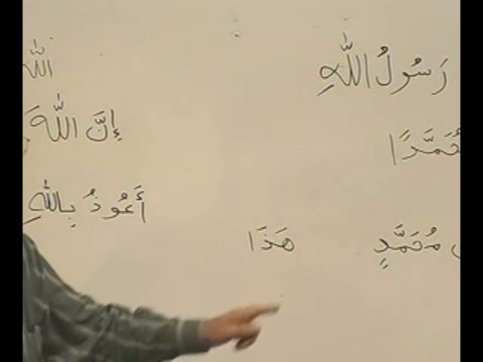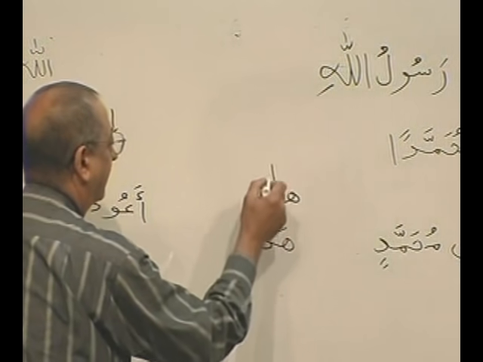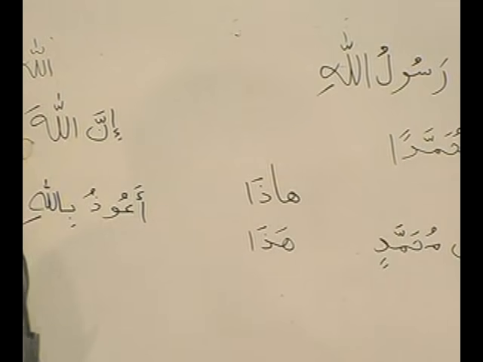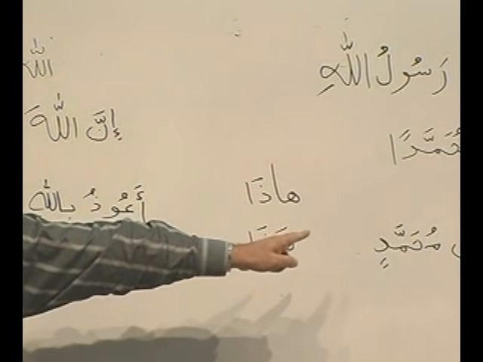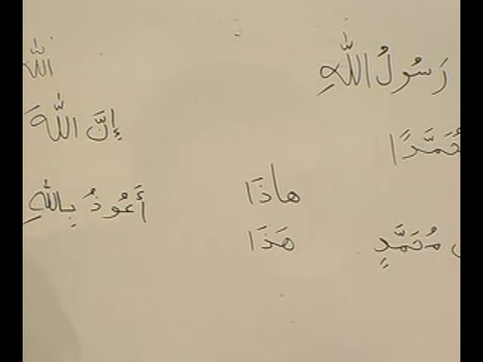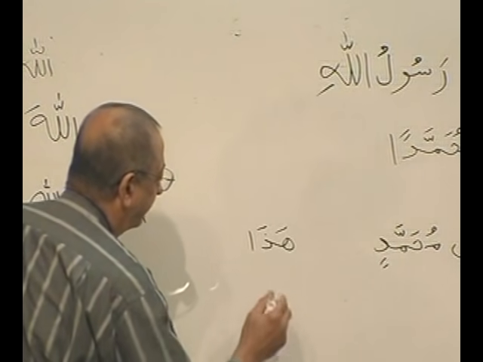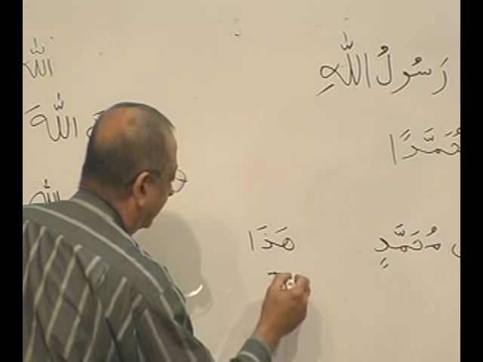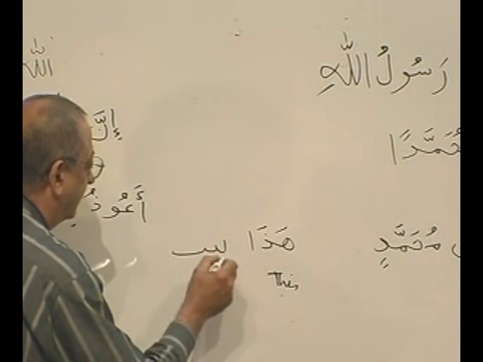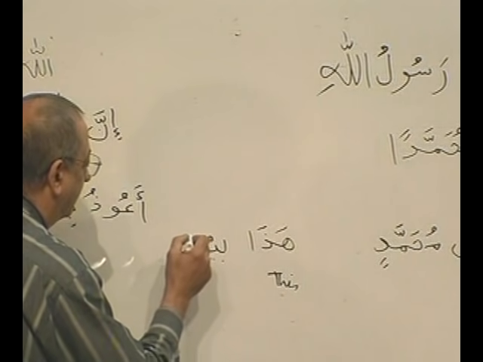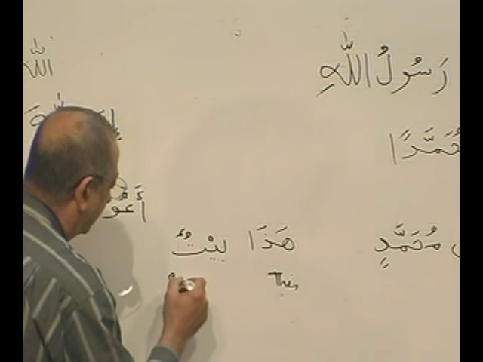See, it is pronounced like haza. But this alif is not written. It is explained in the key also. So it is haza. Haza means this, and baytun means a house.